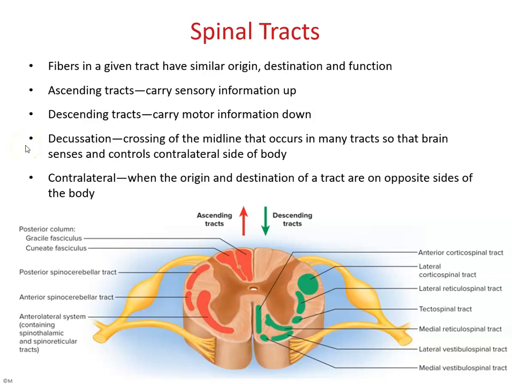A couple other terms that are important here. Decussation is when the signal crosses the midline, and so the tracts in the brain control the opposite side of the body. I think you guys have probably heard this, like the left side of your brain controls the right side of your body. This is where that happens, in these spinal tracts.